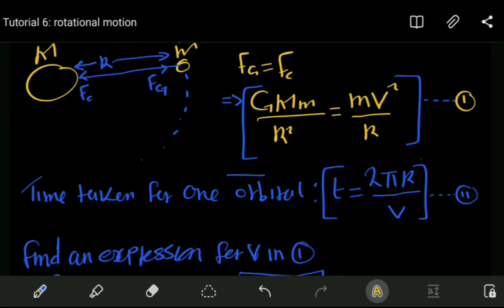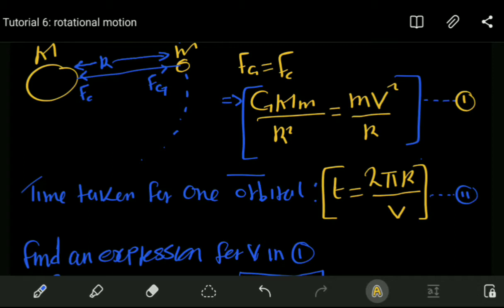Then the time it takes for this satellite to orbit the Earth, we know, is given as T equals 2 pi r over the speed, T equals 2 pi r over v. So here, what we need to eliminate in this equation is the speed.